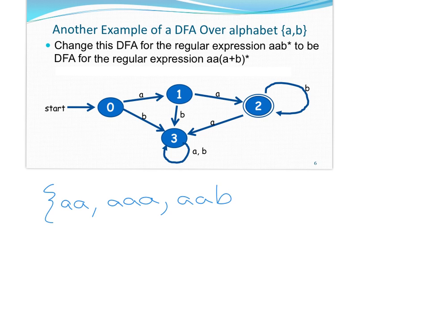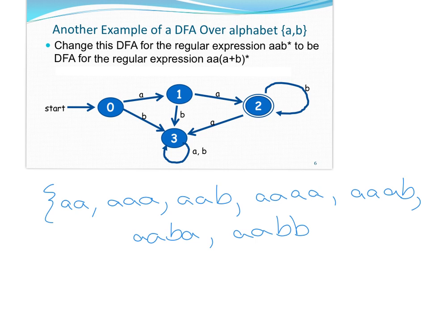Two A's followed by an A, two A's followed by a B, and then we have two A's followed by an AA, two A's followed by an AB, two A's followed by a BA, two A's followed by a BB, and so on, right? All strings that start with two A's and then have as many A's or B's as possible. So that's what we want, right?